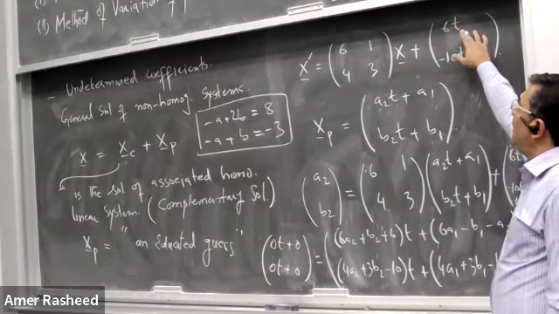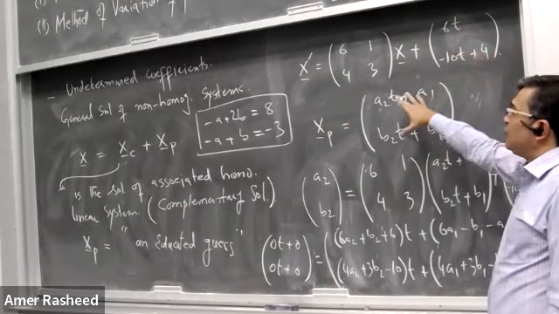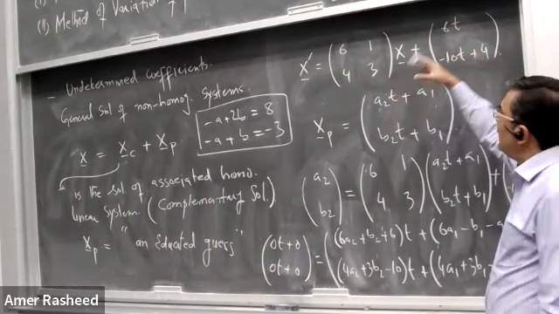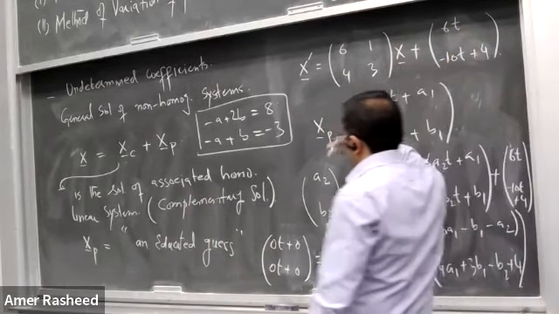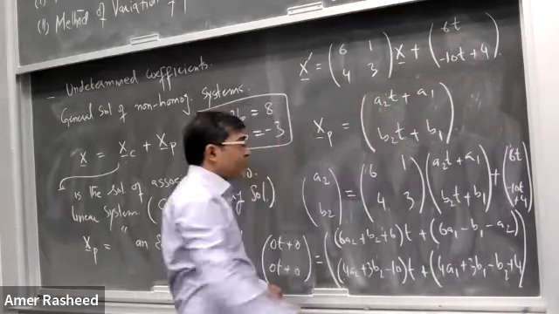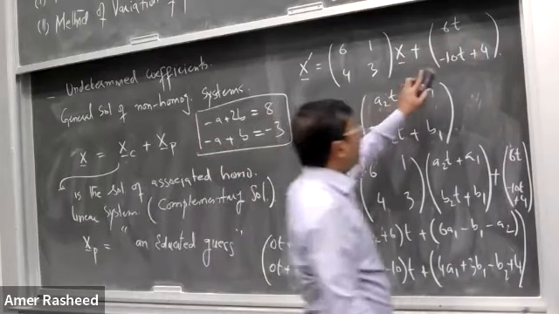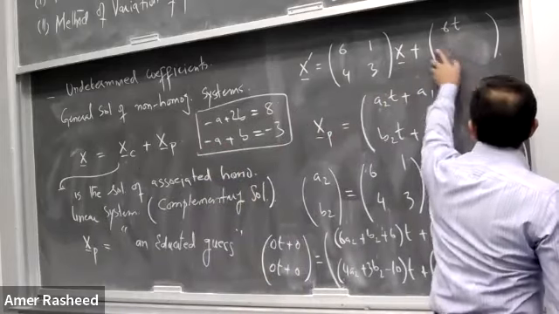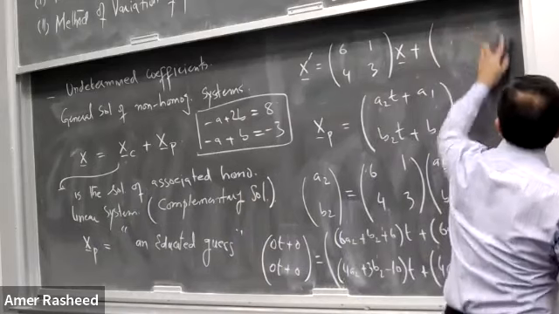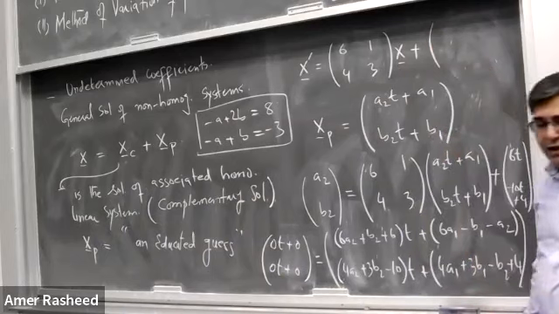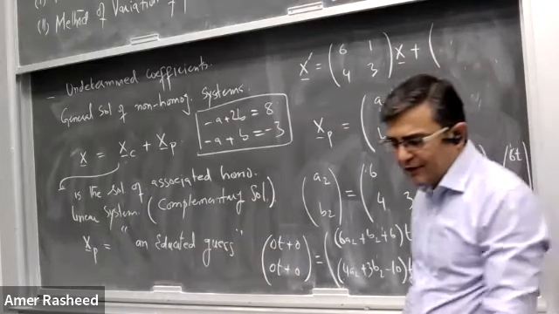If this function is constant, we assume the particular solution in the form of constants. If this is a polynomial of degree 1, we will assume a polynomial of degree 1 here with unknown constants. Now, what if we have different functions here? Maybe another example, if we have an exponential function here.